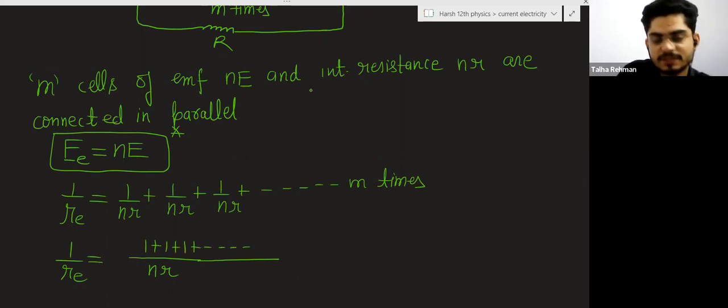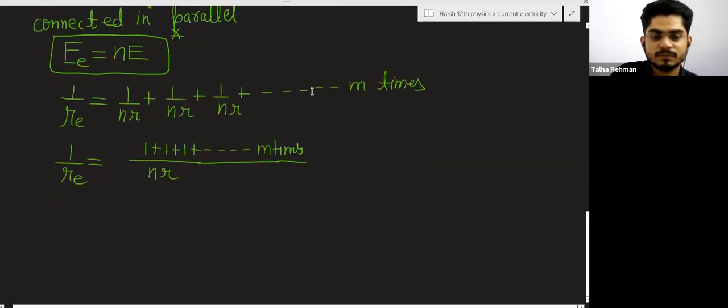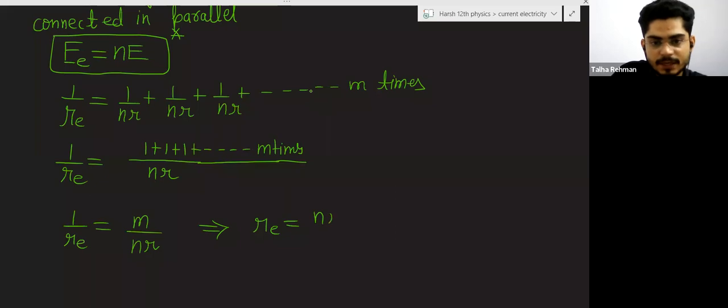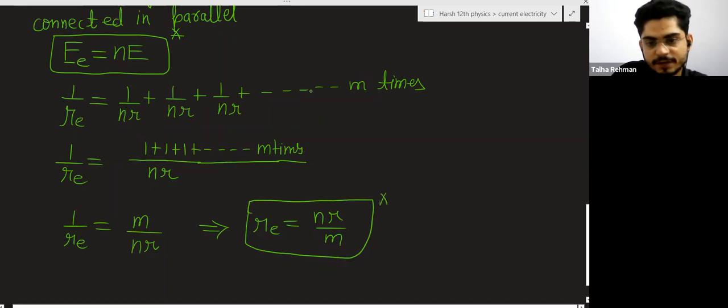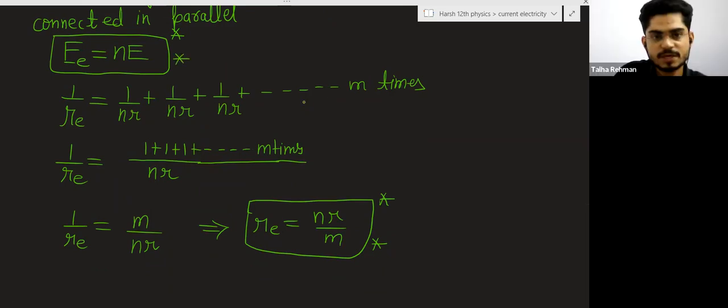I discussed in the last class, when you add something like this, you write m over nr. So from here you will get R equivalent as nr divided by m. This is the equivalent internal resistance for the mixed combination, and this is the EMF for the mixed combination.